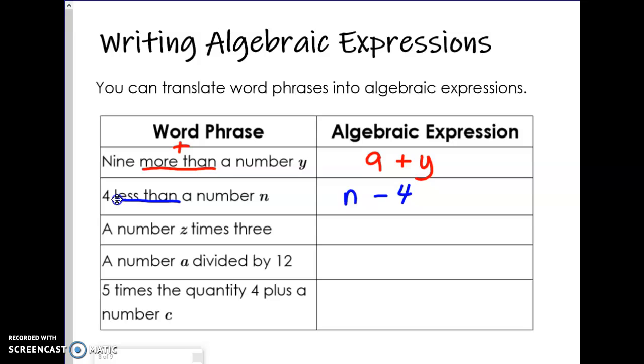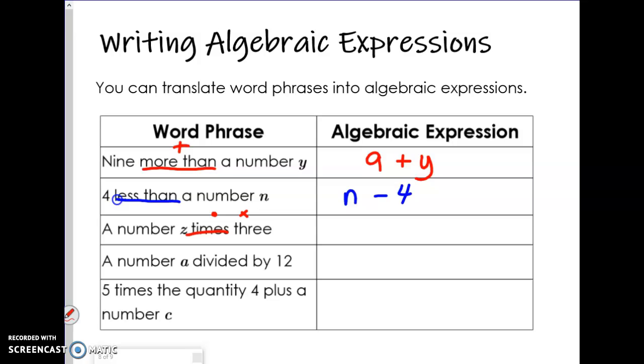Okay, next one. A number z times 3. Which word tells us the operation, and what do you think that is? Multiplication, absolutely. This is going to give us multiplication, right? I'm going to use a dot. In algebra, we don't want to use the times symbol, this x, because we use x as a variable all the time.